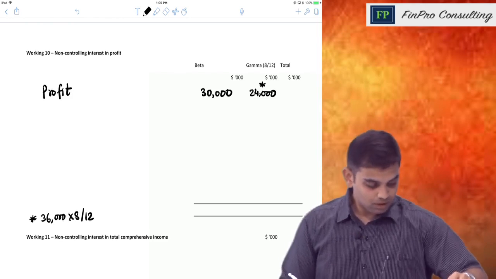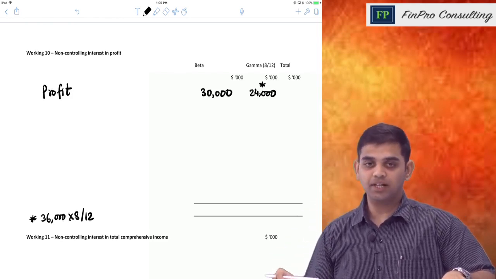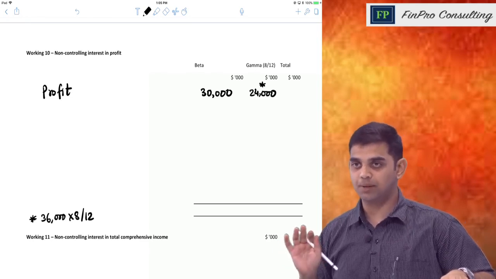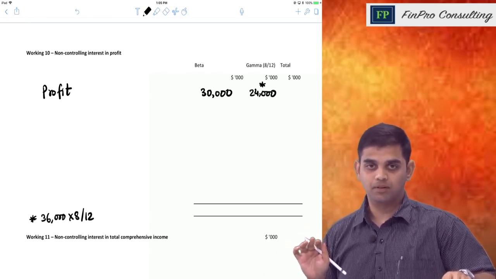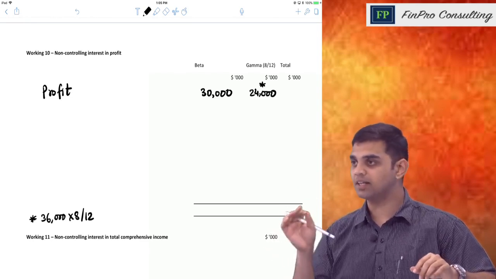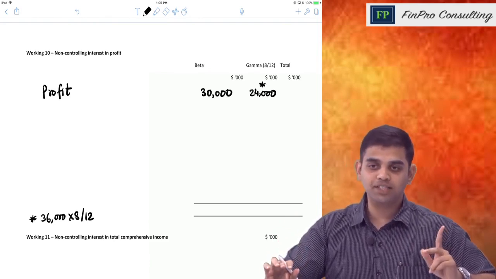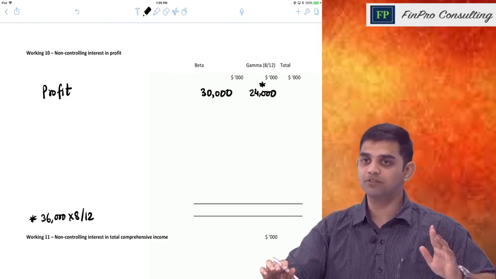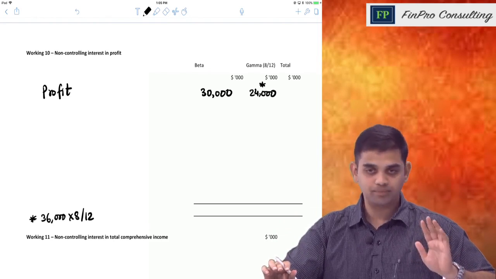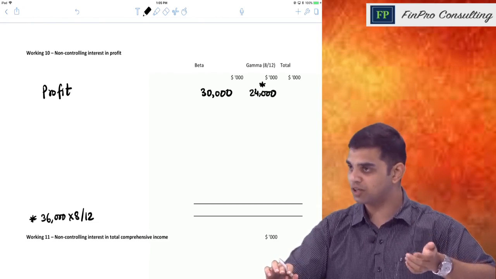Right? Now, have we passed any adjustments relating to the books of the subsidiary company? So you look at all the adjustments that we have done and check whether it is anything relating to beta or gamma. So the first adjustment itself is relating to beta, which is impairment of goodwill. So if you are impairing the goodwill, you should also allocate some portion to your non-controlling interest.